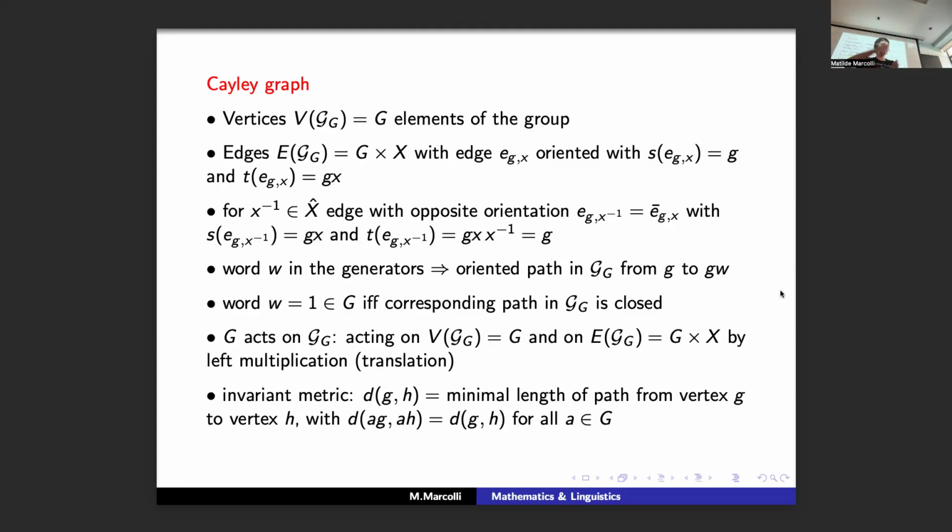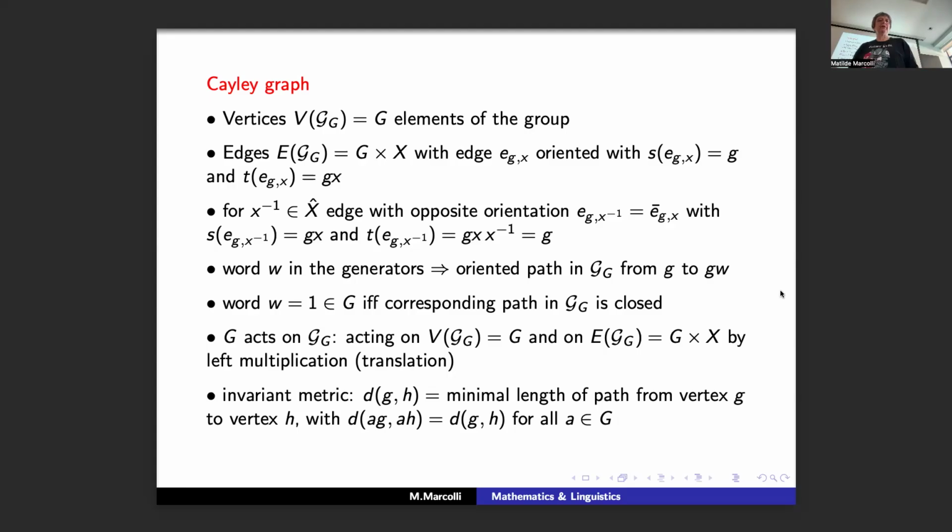It relates elements of the group by one of the generators. And so any word that is the identity in the group gives you a loop in the Cayley graph. So what you are trying to identify when you look at this language is all the loops, all the closed paths in this graph.